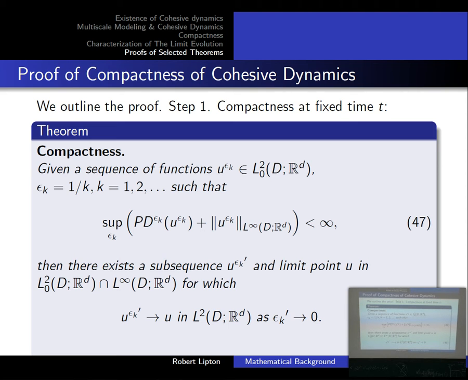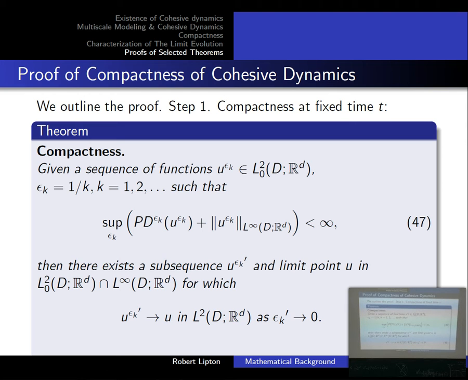If you have a sequence of functions in L2, and they're bounded, that is, the peridynamic energy is bounded and the L infinity norm is bounded by some number, then we have compactness: there exists a subsequence and a limit point for which this converges in L2 as epsilon goes to 0. So we actually have compactness at each time.